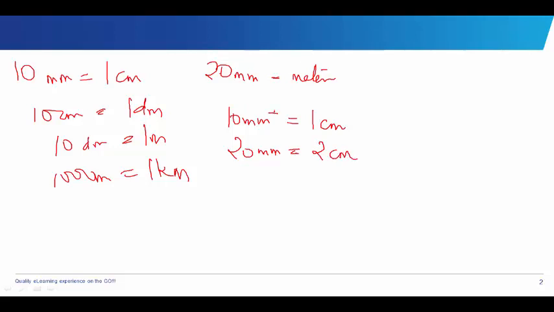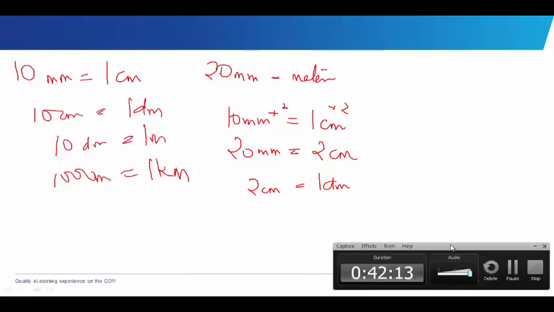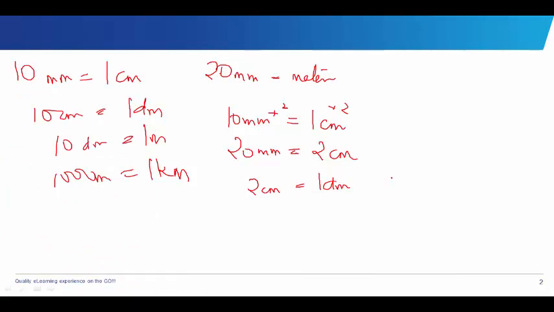When you multiply this 1 by 2, it gives us 20. If you multiply this by 2 also, it gives us 2 centimeters. Now these 2 centimeters, we'll convert down to decimeters. So to convert to decimeters, what we're now going to do is we'll divide, take 2.